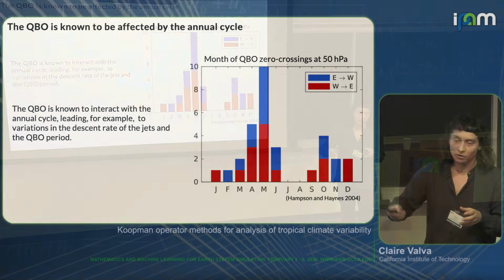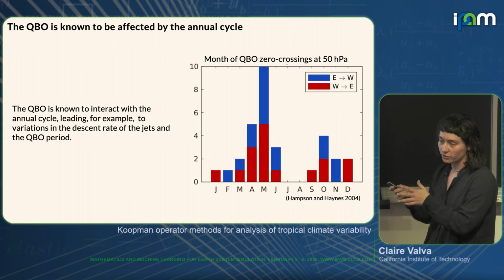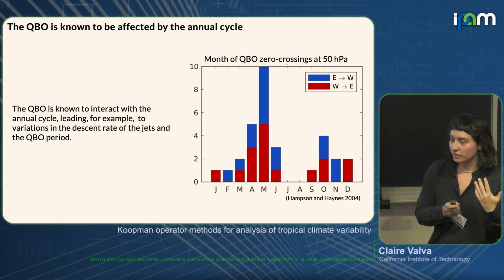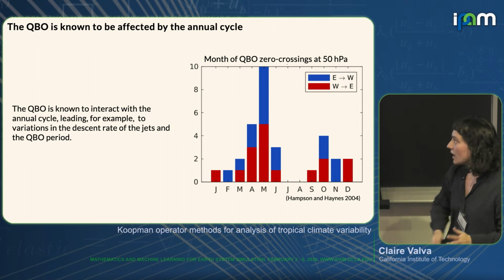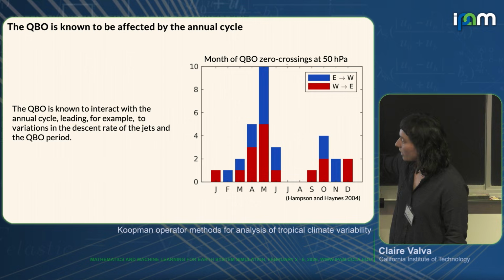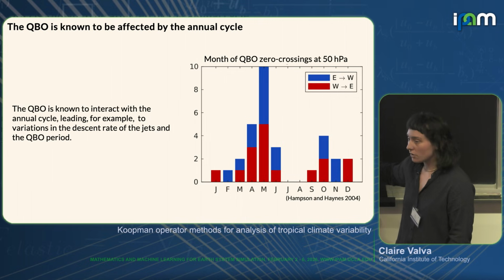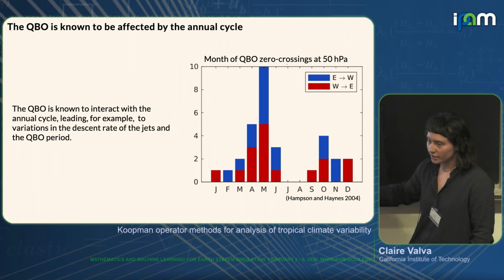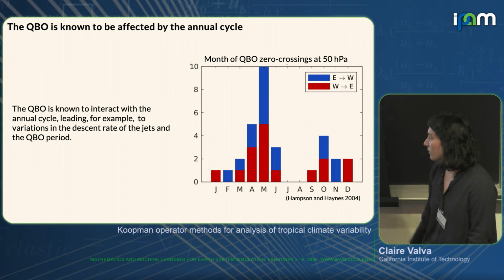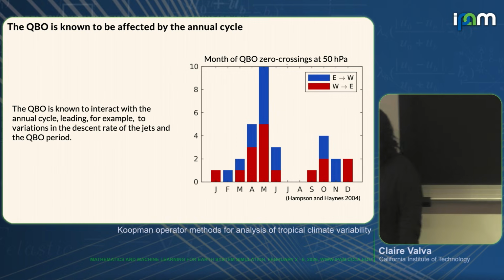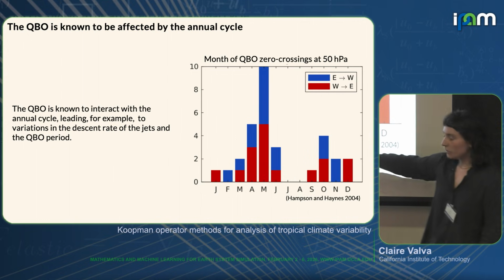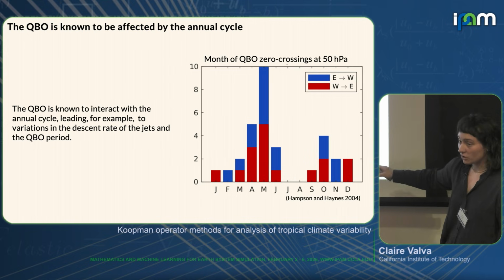So, when do we go from easterly QBO to westerly QBO, or westerly to easterly, as we descend? I've put a histogram of that with the month on the x-axis. This is a pretty strong bimodal distribution. We have a bunch of transitions in April and May, and almost no transitions in July and August.